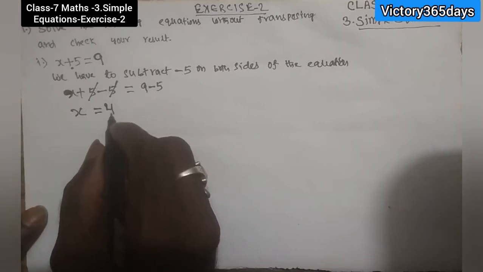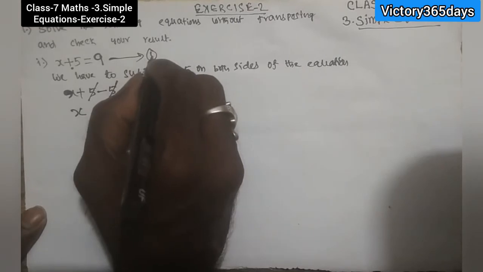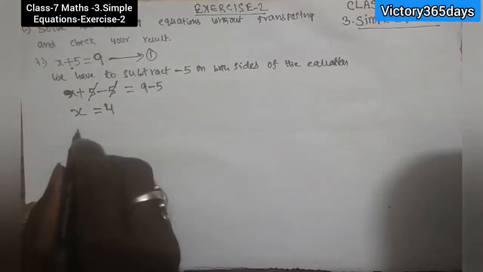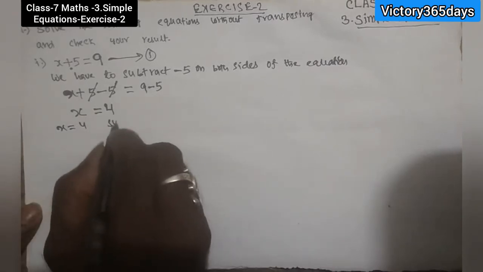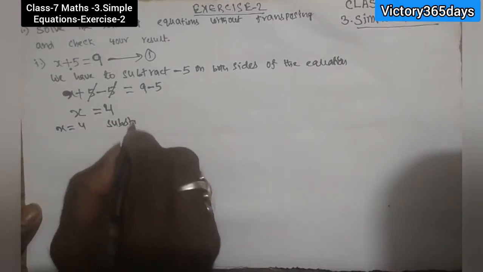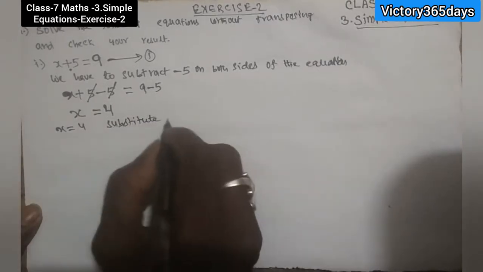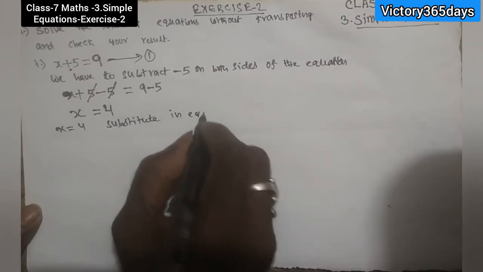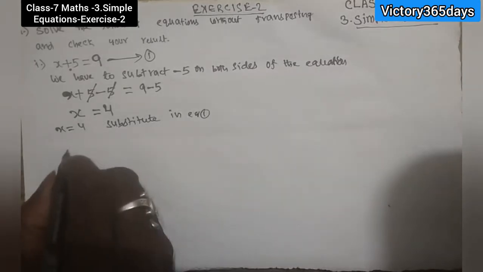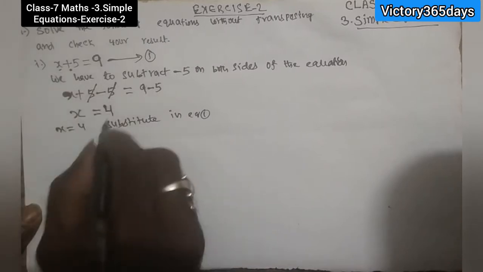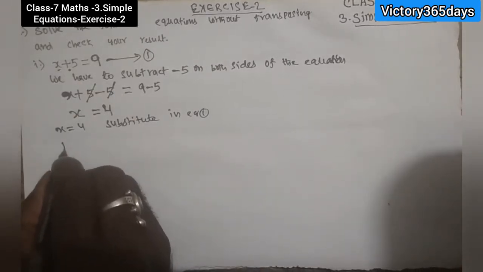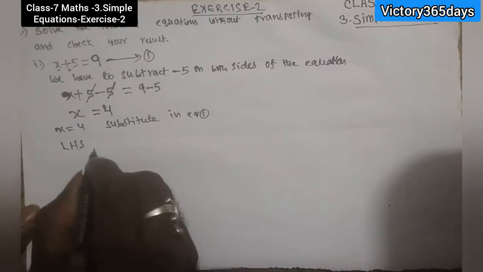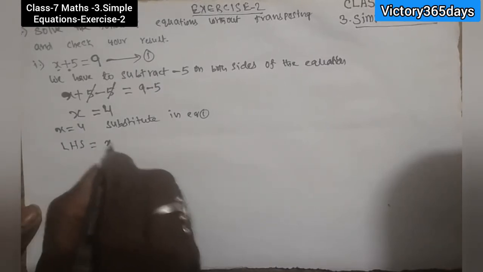Now this value we substitute in equation 1. X equal 4, substitute in equation 1. In the x place we substitute 4. So the left hand side value, LHS, equals x + 5.